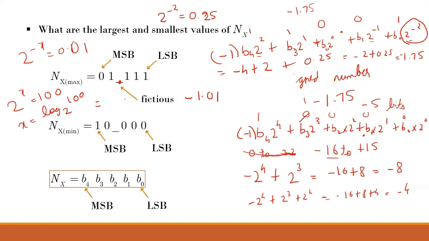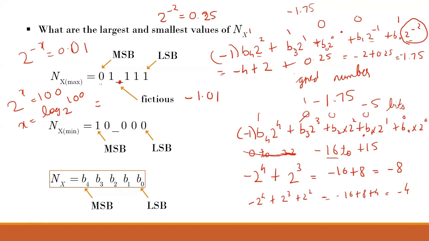Sir, if you have 2 bits before the decimal point, what is the maximum value I can give? I have to take minus 1 into B1, 2 square, plus. If you want a maximum value, you will not give that value; you will give 0, because the minus 1 is the one bringing your number down.